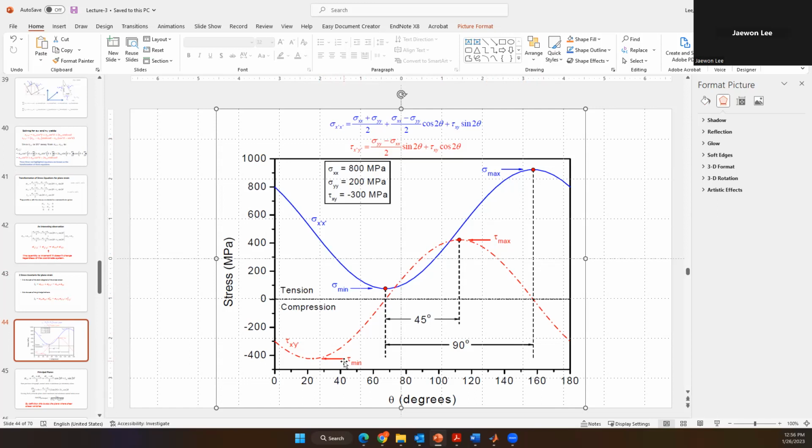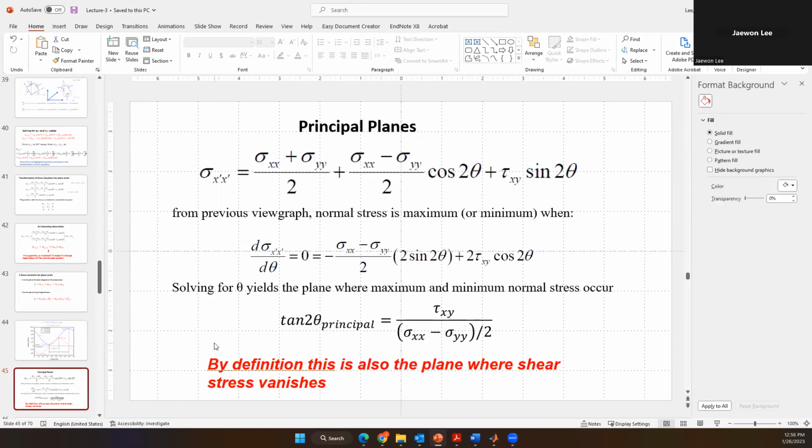Tau min is defined here, tau max is defined here, sigma min is defined here, sigma max defined here. So we can calculate the minimum and maximum of normal stress and minimum and maximum of shear stress based on these equations.